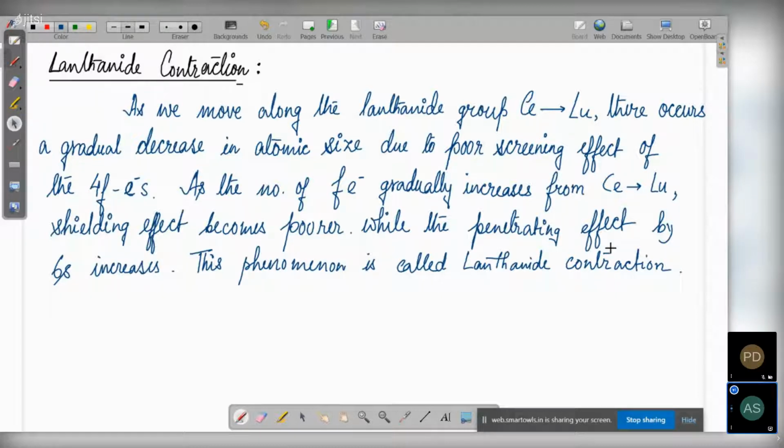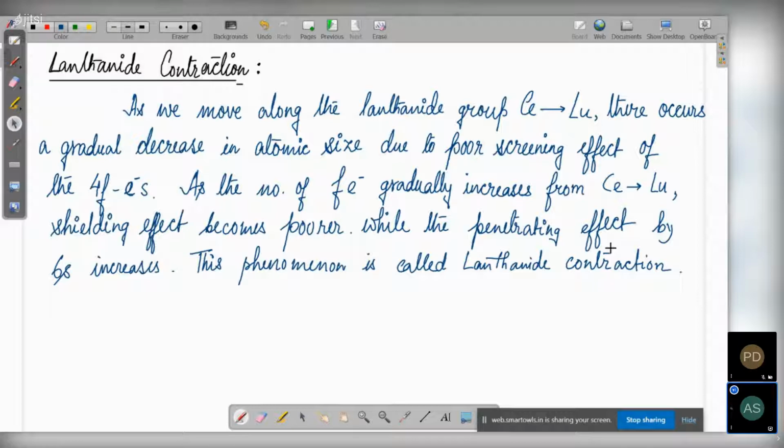In the previous class, when we did the screening effect and the penetrating effect, we learned that the f electron has a very poor screening effect. Now for lanthanides, if we see their configuration, there is the presence of f electrons. So as you are moving from cerium to lutetium, the atomic size is decreasing.